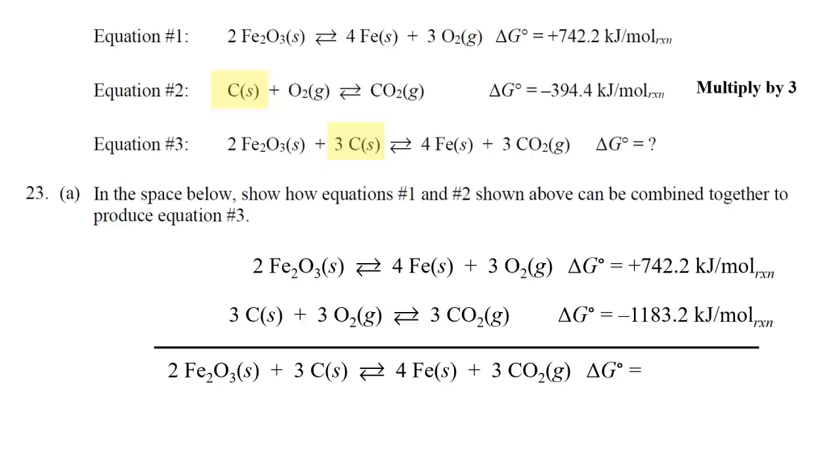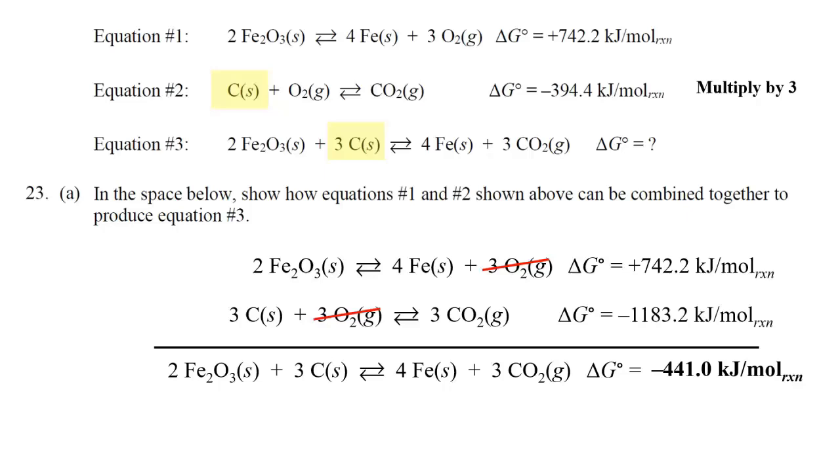I'm going to cross off the oxygen, which appears on both the left side of the equation and the right side of the equation, so 3 moles of O2 on the left, 3 moles of O2 on the right. And now I'm simply going to add these two delta G values together. So positive 742.2 plus negative 1,183.2 gives me a value of negative 441.0 kilojoules per mole of reaction.